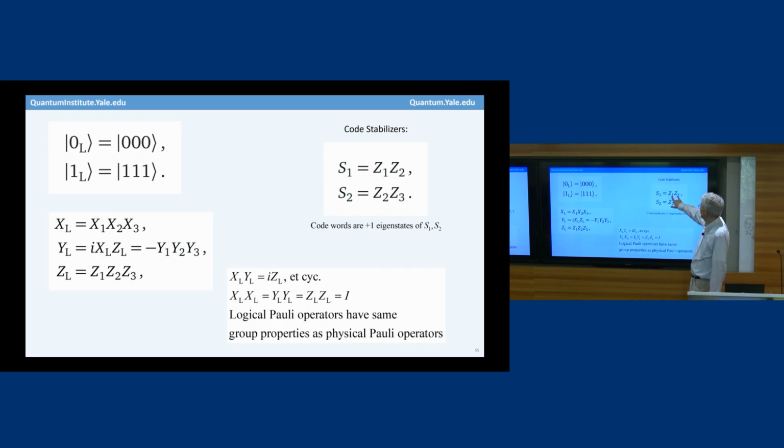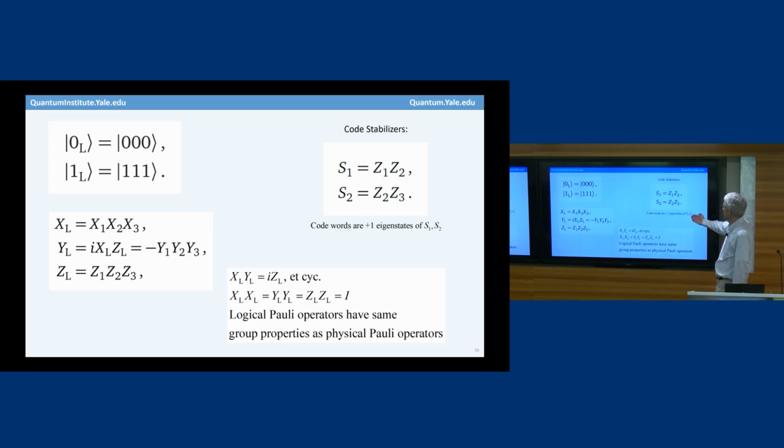But now we have 2 stabilizers, 2 joint parities, Z1, Z2, and Z2, Z3. I could also define Z1, Z3, but that's just the product of these two. It doesn't give you any new information. So I can use these to ask the question, are these two the same? Or are these two the same? Just like I did in the duplication code.